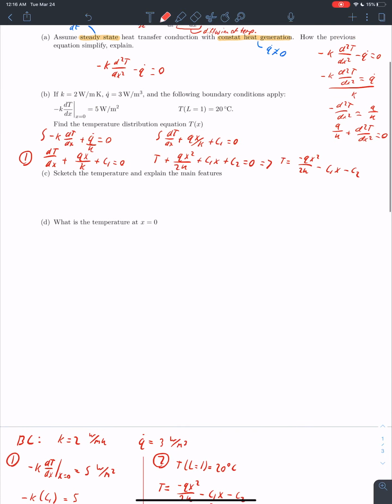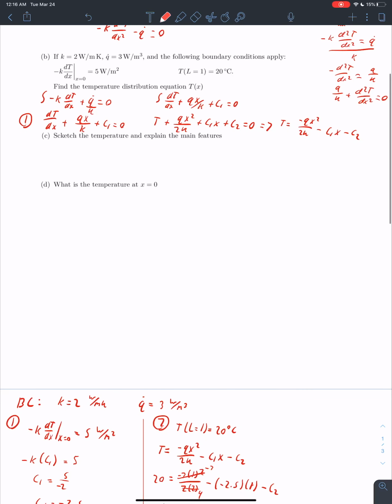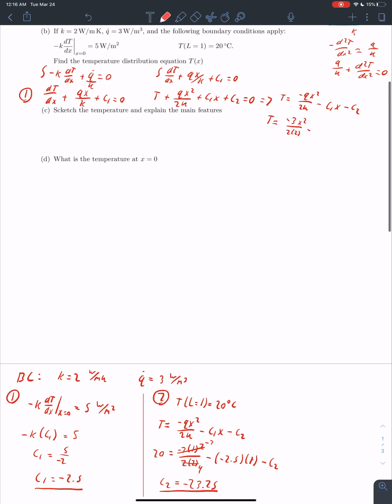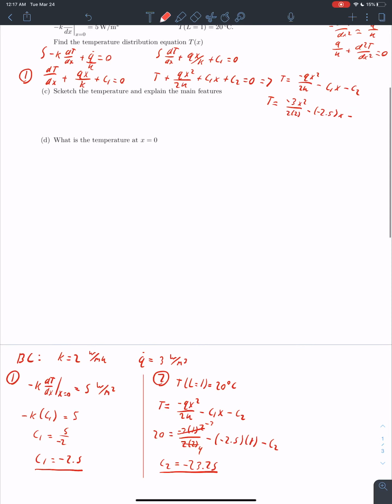And now we would just plug it back into this equation up here. So T is equal to negative 3 x squared divided by 2 times 2, minus C1, which we know is negative 2.5, x minus our C2, which we know to be negative 23.25.